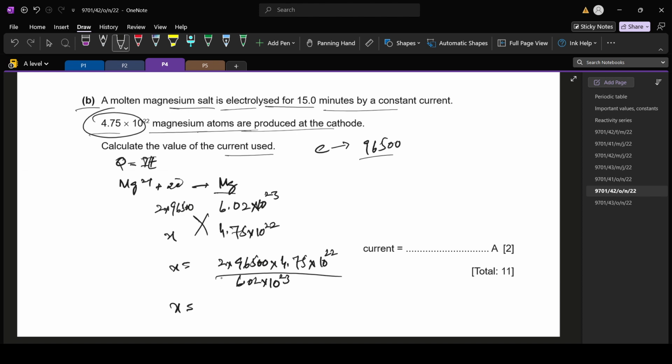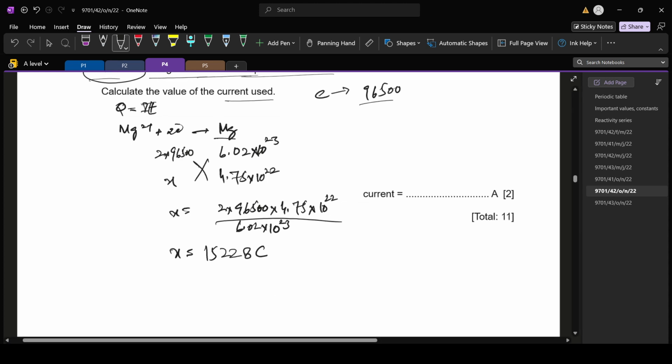So the value of x becomes 15228 coulombs. This is the charge. So now you have calculated the charge, so you can calculate the current.